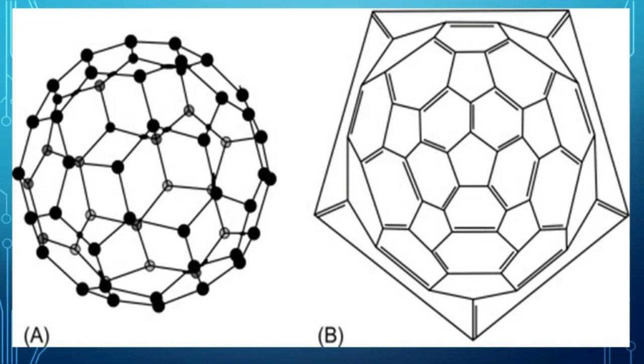Fullerene. The third crystalline allotrope of carbon is fullerene. The best known fullerene is Buckminster fullerene, which consists of 60 carbon atoms joined together in a series of 5 and 6 membered rings to form a spherical molecule resembling a soccer ball. So its formula is C60.